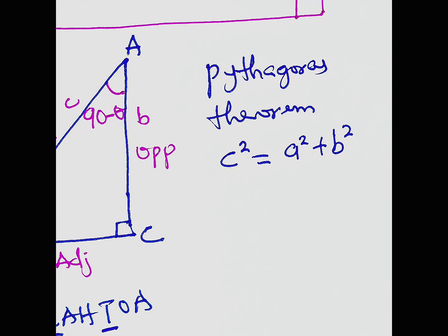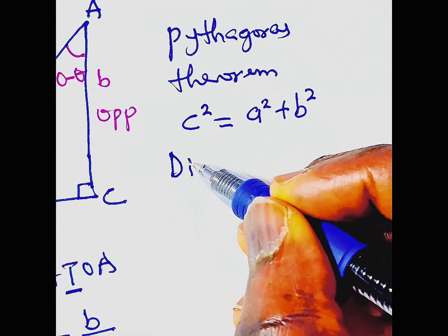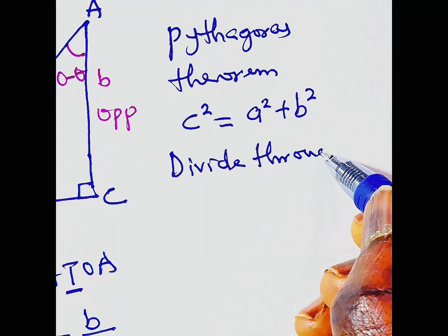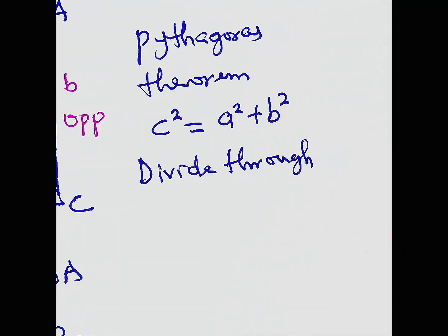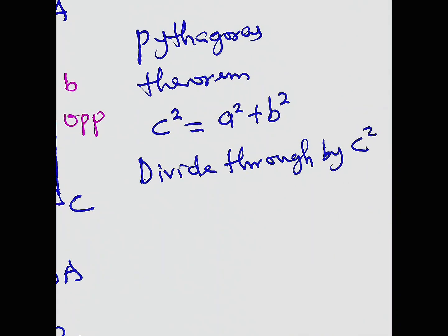Now, let's see what will happen if we divide through by c squared.